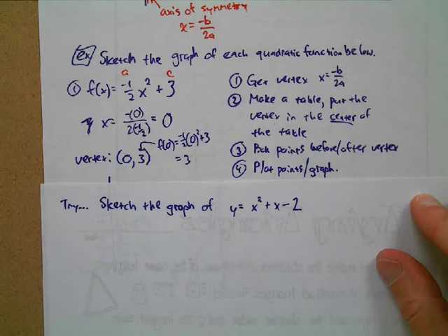What's our a according to this? 1 as well. Yep, so 2. So then your vertex calculation here is going to be negative 1 over 2 times 1, right? Negative b over 2a, which is negative 1/2.